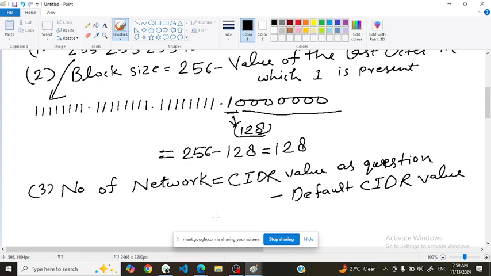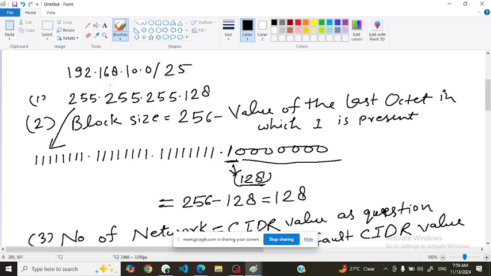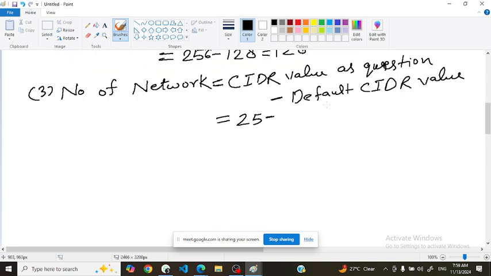Here the CIDR value in the question is 25, and the default CIDR value is 24, since it is a class C network. Yes, 24.